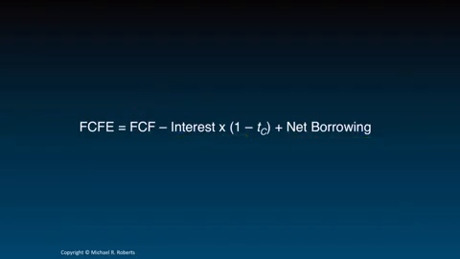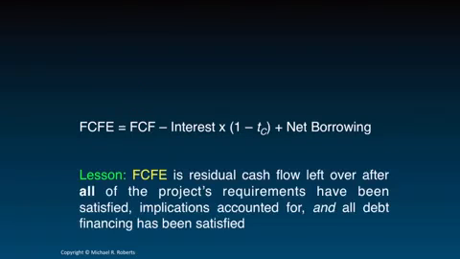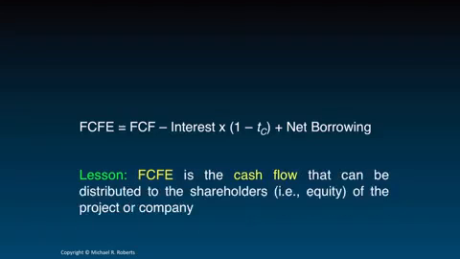Okay. So what is free cash flow to equity? It's the residual cash flow left over after all of the project's requirements have been satisfied, implications accounted for, and all debt financing has been satisfied. That's critical. We take care of the debt holders first because they're senior claimants. Free cash flow to equity is the cash flow that can be distributed to the shareholders, i.e. equity holders of the project or the company.